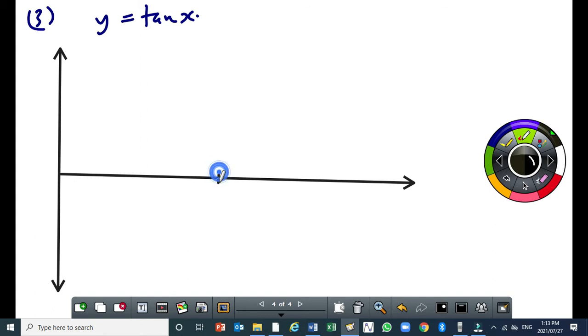Okay, so let's start with 180 degrees here, 270. Remember, here I'm sketching them based on grade 10. Well, this is a revision of grade 10 work. In terms of the values of y, I'm not going to worry myself about them.